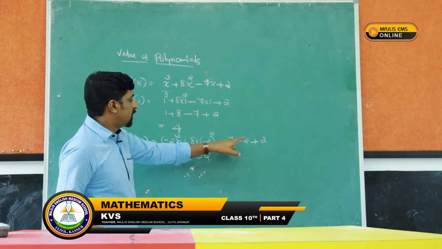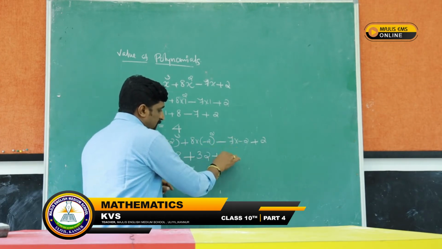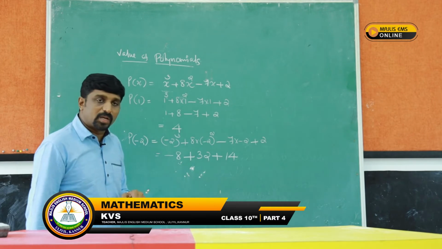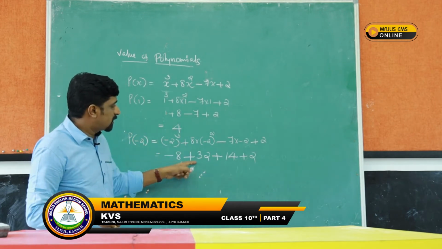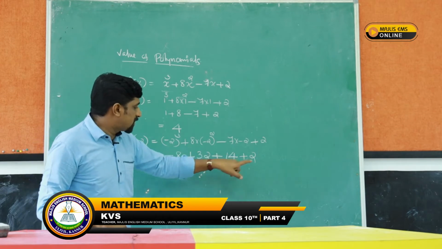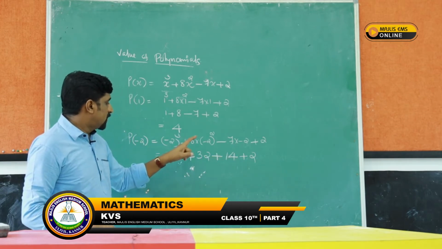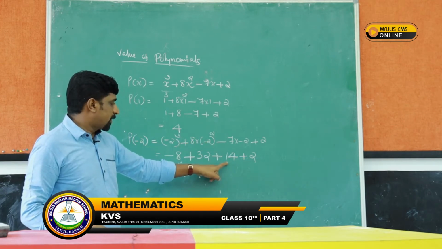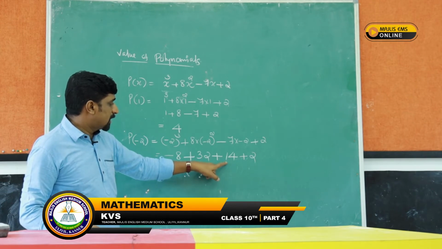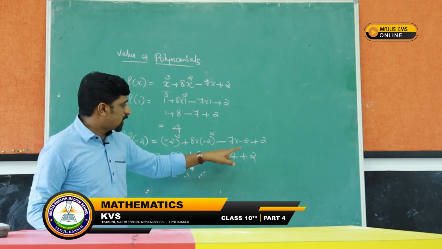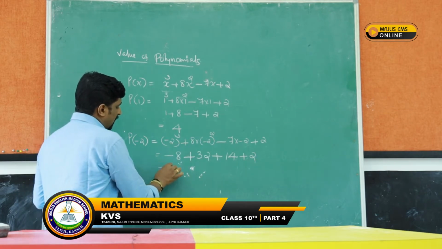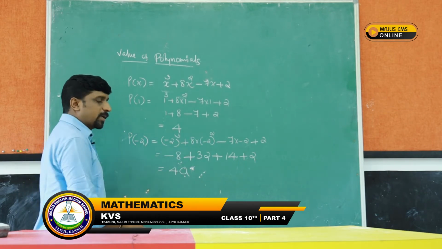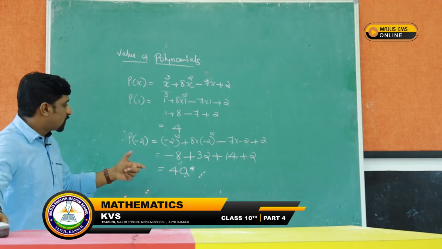Then minus 7 into minus 2, minus into minus is plus, 7 into 2 is 14, plus 2. These three numbers are positive, therefore 32 plus 14 is 46, 46 plus 2 is 48, 48 minus 8, and the final answer you get is 40.